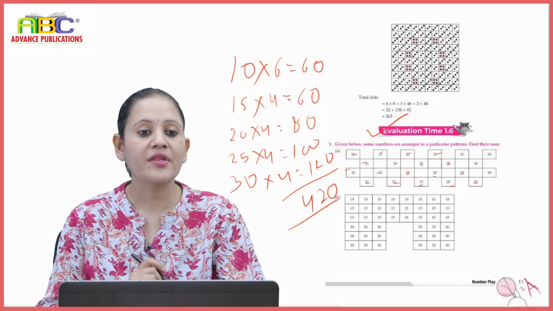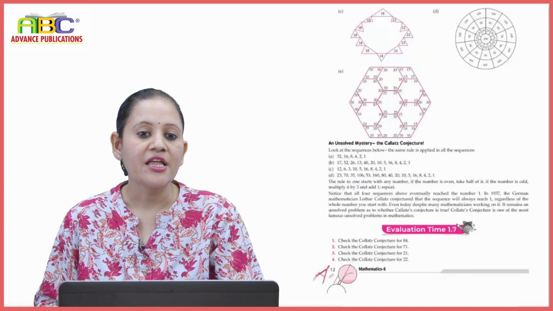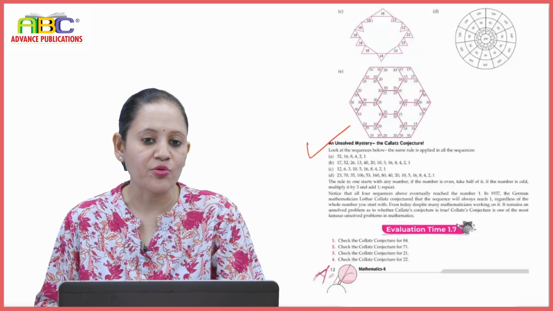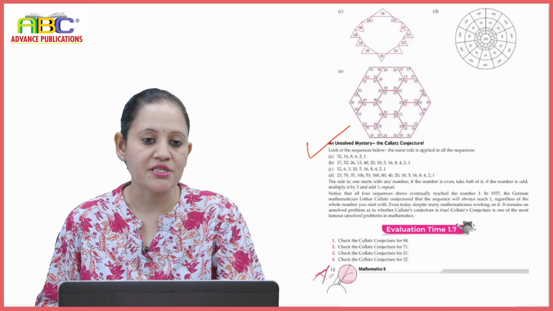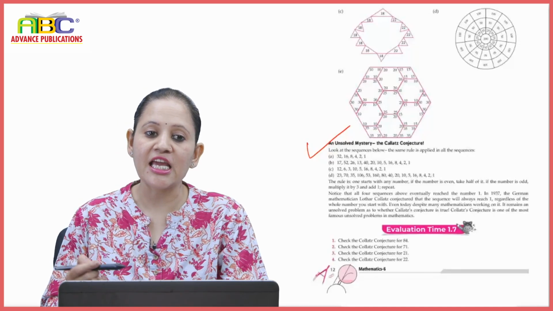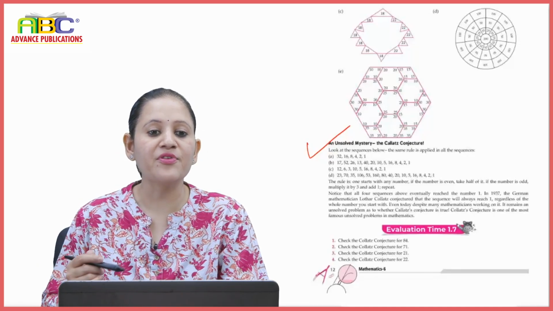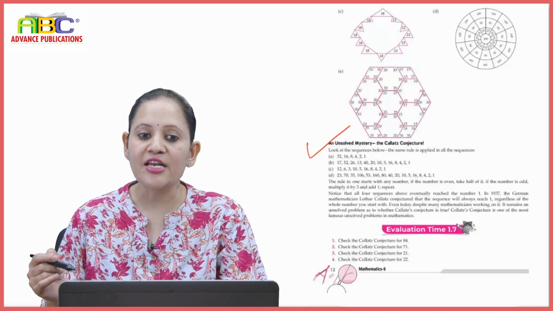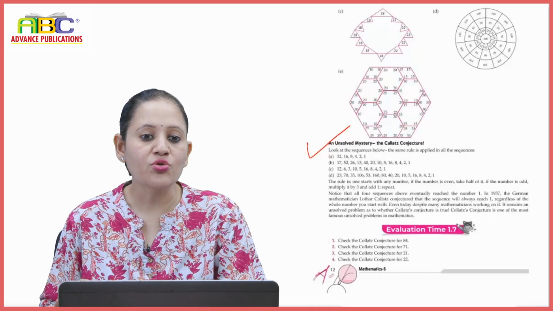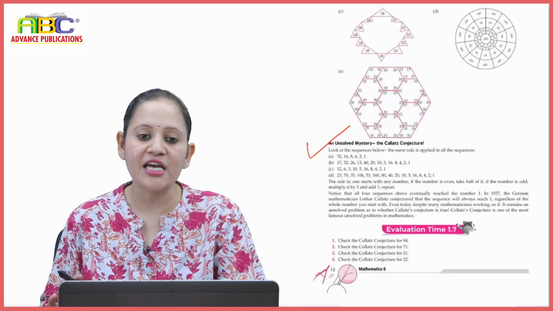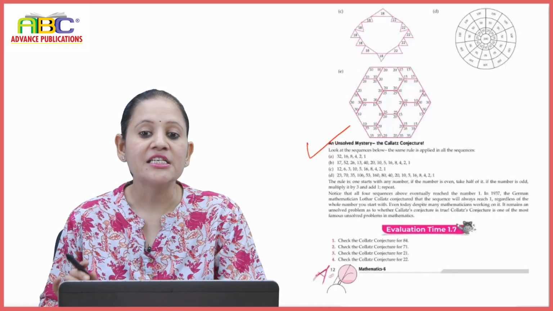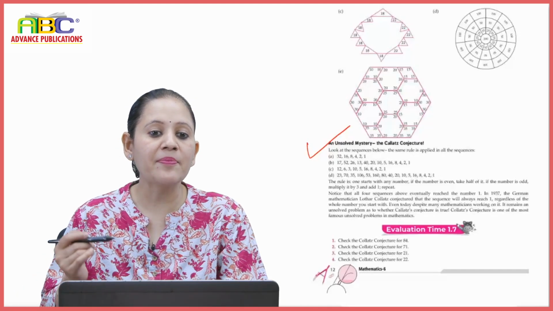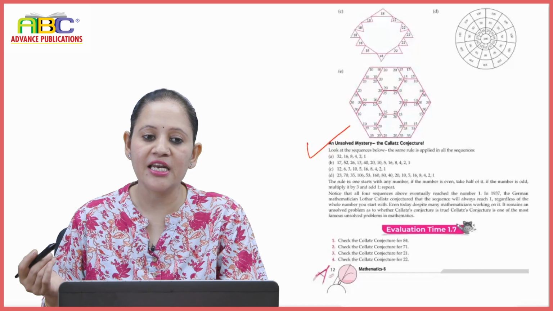Next is an unsolved mystery, the Collatz conjecture. Look at the sequences below. The same rule is applied in all the sequences. So 32, 16, 8, 4, 2, 1, 17, 52, 26, 13, 40, 20, 10, 5, 16, 8, 4, 2, 1. So the rule is: start with any number. If the number is even, take half of it. If the number is odd, multiply it by 3 and add 1, and repeat.